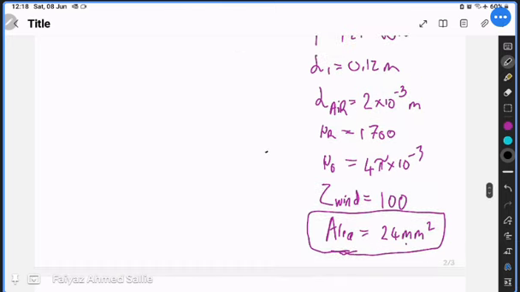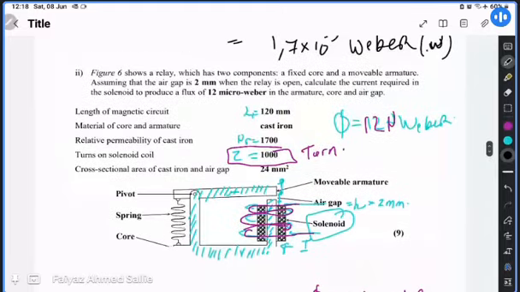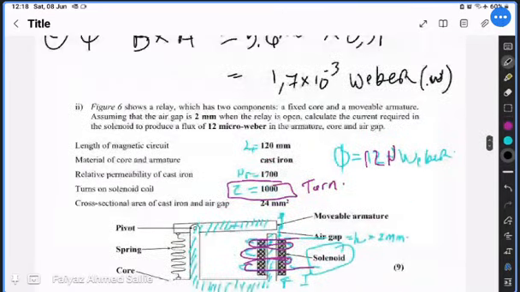So we have 24 times 10 to the negative 6 meters squared. So the first question, oh, it's only one question.